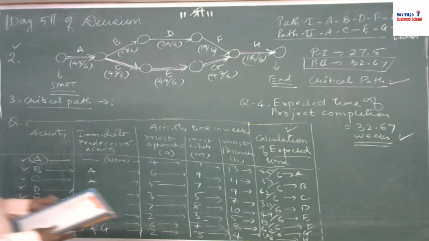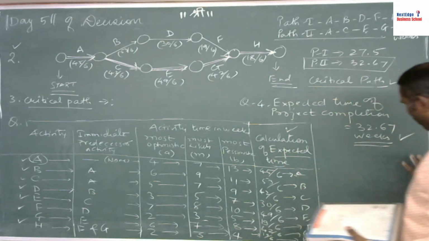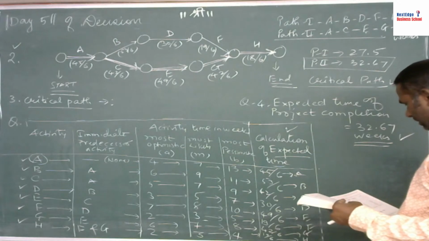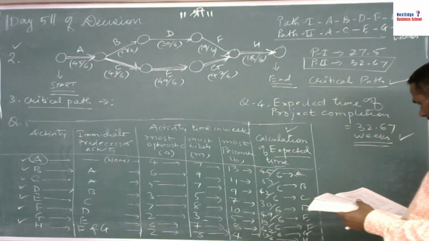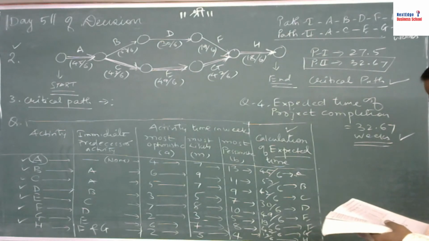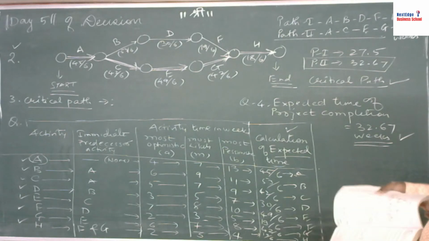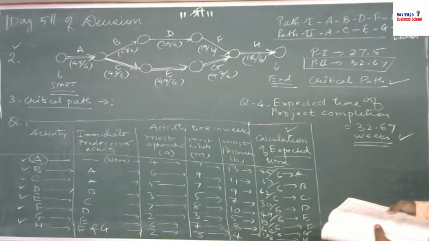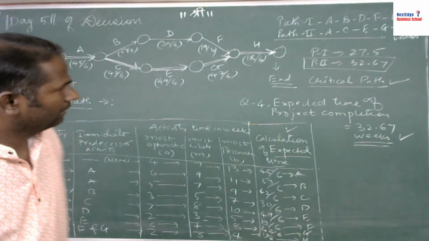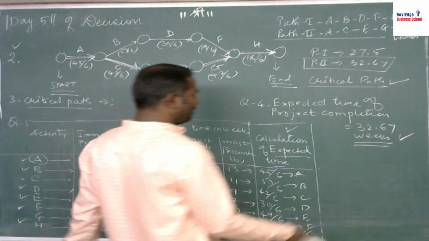Without removing this table, we can extend it for two more things. For variance, we want the values of B and A, and for standard deviation, we will take the square root of the variance. Let's calculate both here. I hope you have all understood till this point.